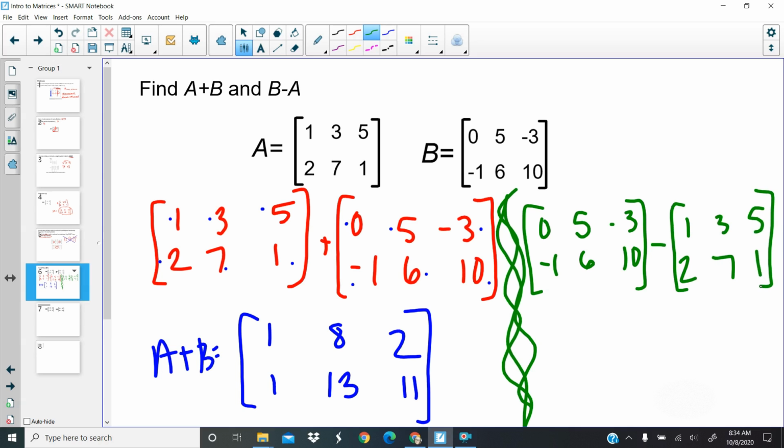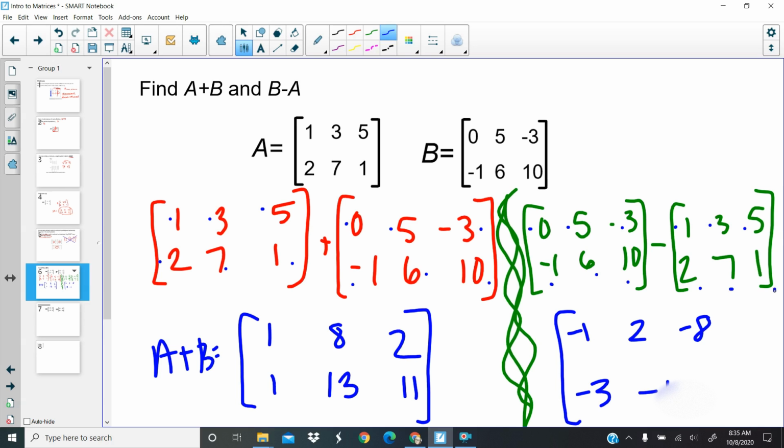And so I'm just going to subtract each individual element here. So I would have 0 minus 1 is going to give me -1. And then 5 minus 3 is going to give me 2. -3 minus 5 is going to give me -8. -1 minus 2 is -3. 6 minus 7 is going to be -1.